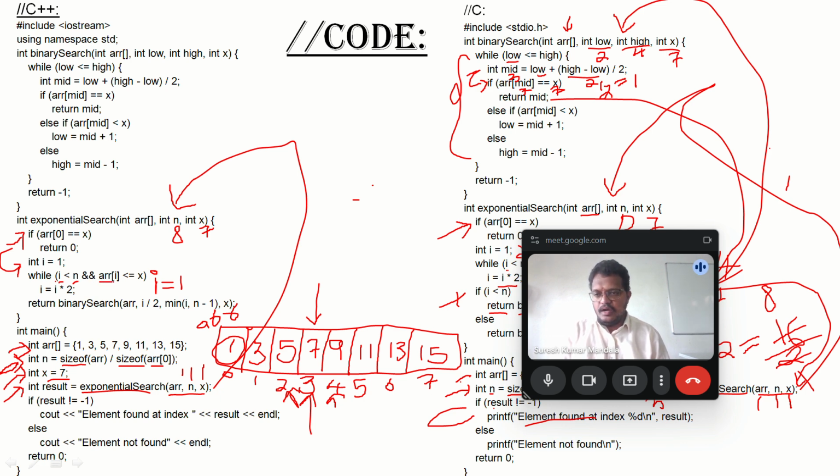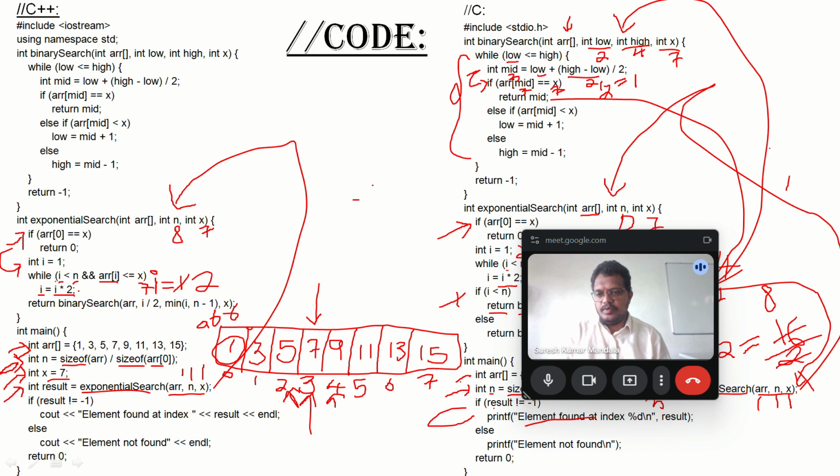What is arr of 1? What value do we have? 3. Is 3 less than or equal to the target value? What is the target value? 7. 3 less than 7? Yes. When this condition is true, we double the index and store it within i. What is the i value? 1. 1 into 2 is 2. Now the i value will be reinitialized with 2.